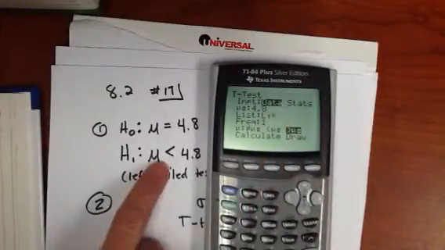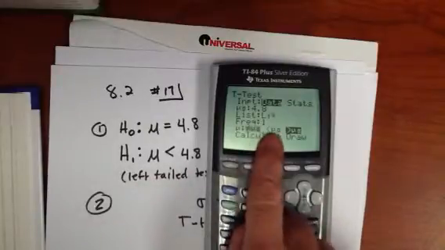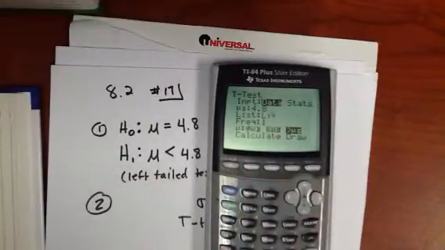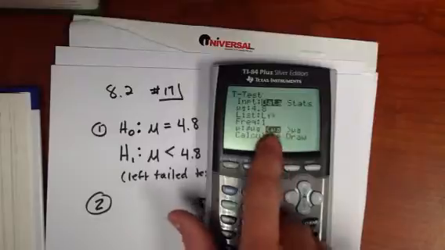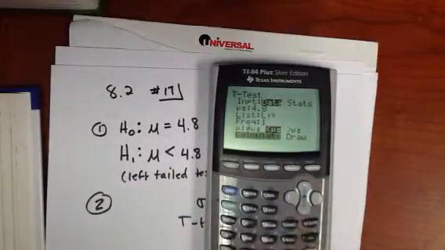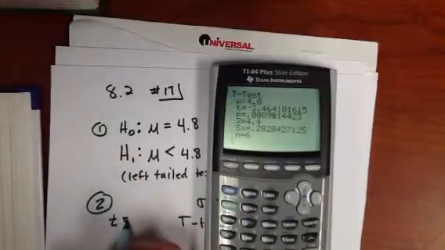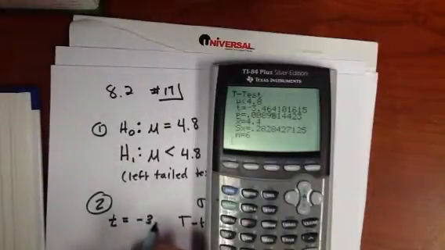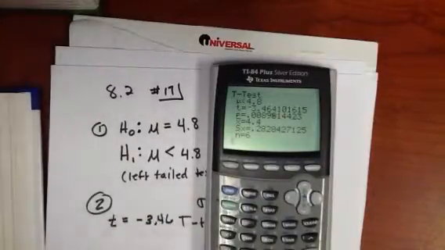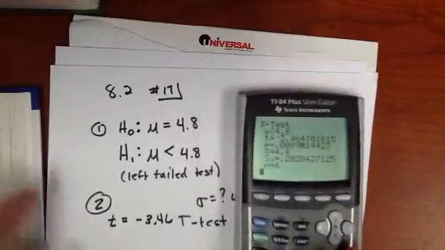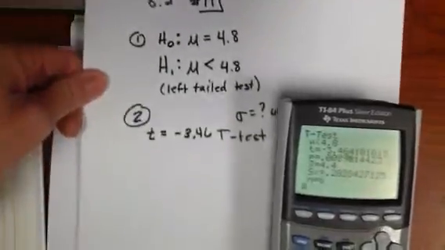Frequency stays 1. This time I'm looking at a left-tailed test, so I have to do less than here. Okay? Points to the left, points to the left. Calculate. So t equals negative 3, we can round this to 2, negative 3.46. Just be careful in WebAssign what it asks you to round to.